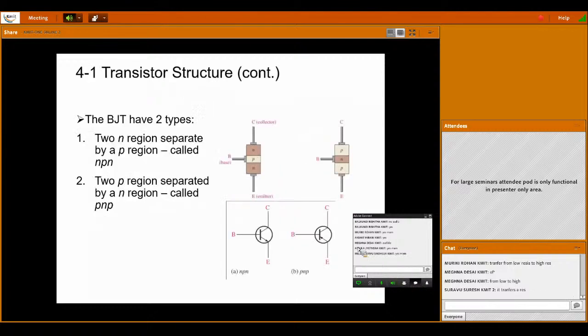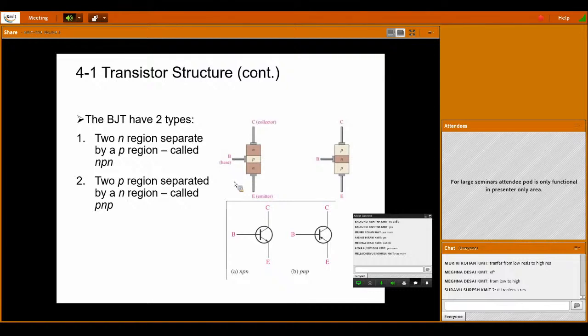Now we are going to have a brief intro about the types of transistors. BJTs are classified mainly into two types. The first one is the NPN transistor and the second one is the PNP transistor. How to form an NPN transistor?